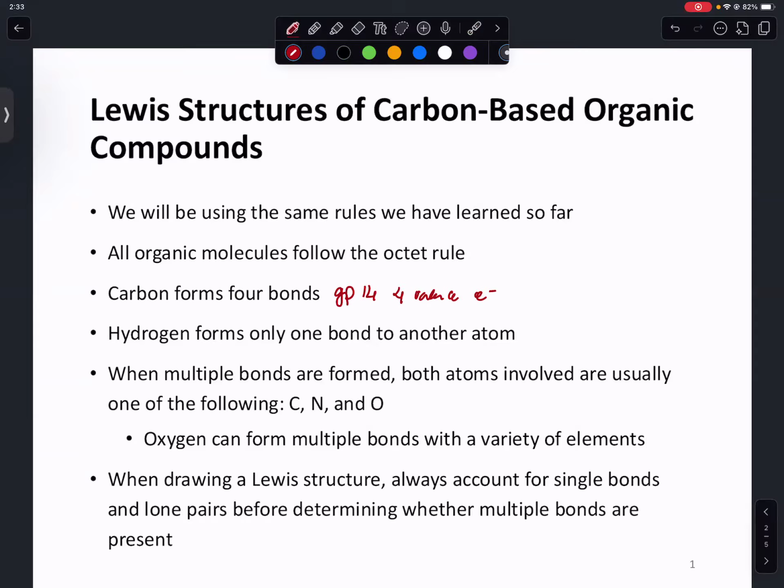Some of the atoms in organic structures can form multiple bonds. For example, carbon can form double or triple bonds, nitrogen can form triple bonds, and oxygen can form double bonds. Also, when drawing Lewis structures, we have to account first for the single bonds and the lone pairs, and then we start forming the double or the triple bonds.